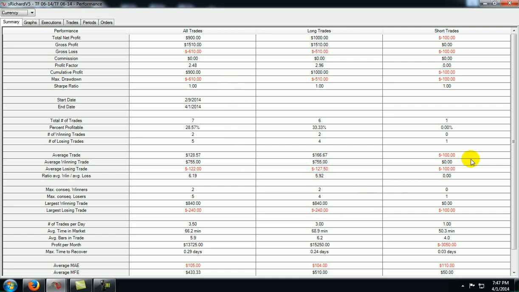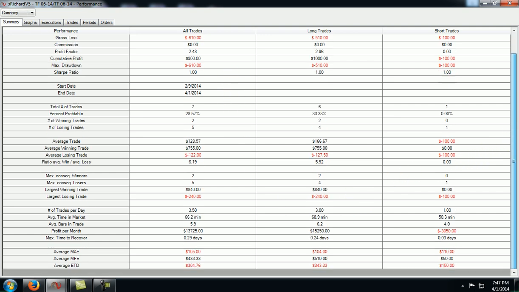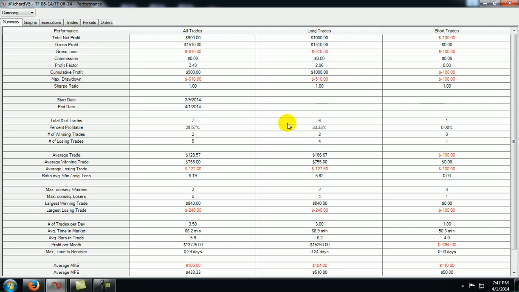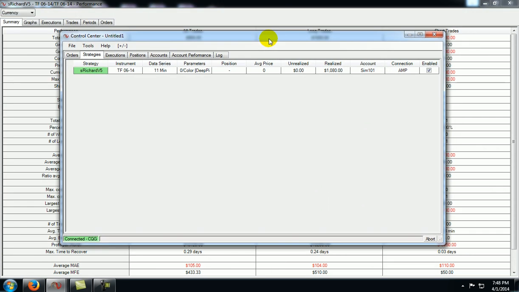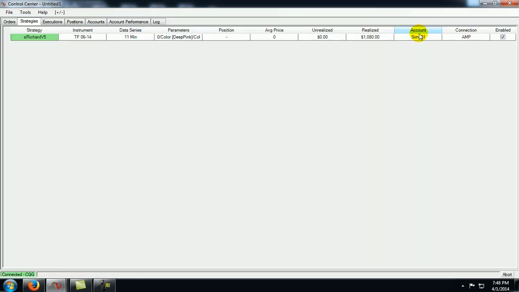You're pretty familiar with all this information here. I'll go ahead and pull the control center over from another screen here, so you can see what it did today.